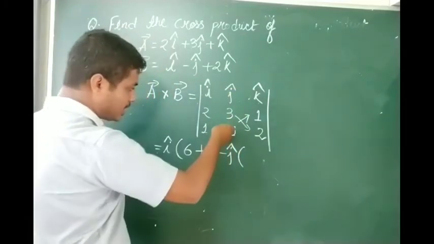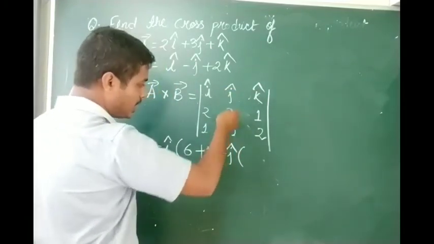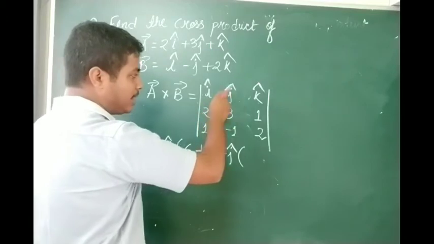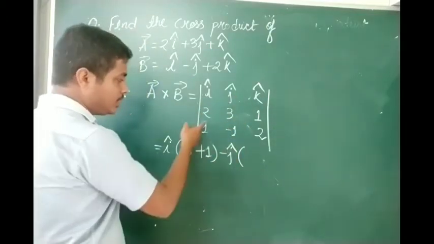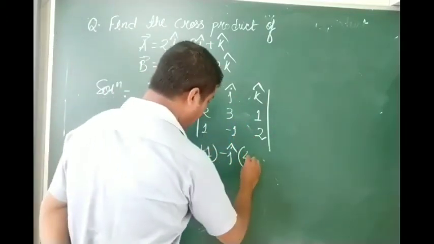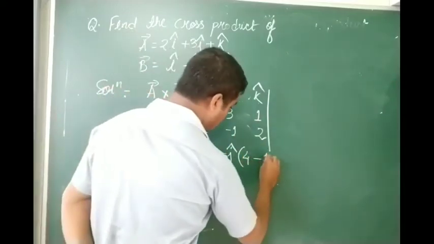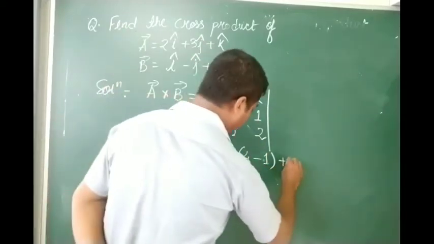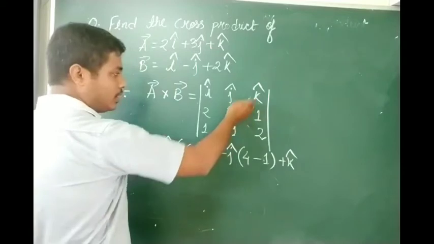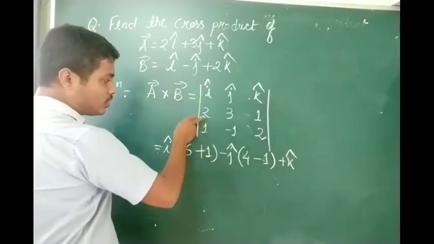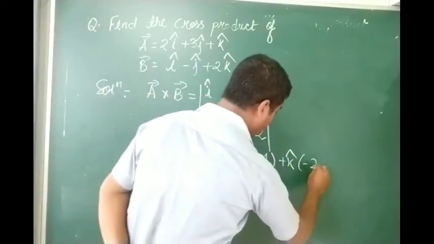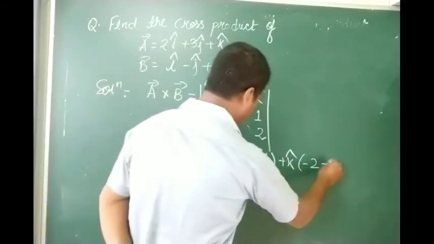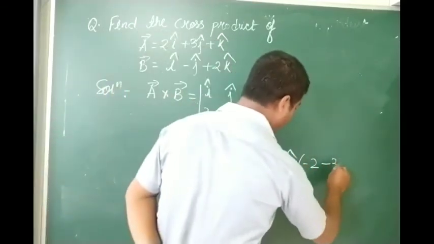Cancel this, that is 3 and minus 1, and the i cap, j cap and k cap column will get cancelled. So it will be 2 into 2, 4, minus 1 into 1, that is minus 1. Then you take plus k cap, cancel this. So 2 into minus 1 is minus 2, between we have minus, so 3 into 1 is 3, so it is minus 3.